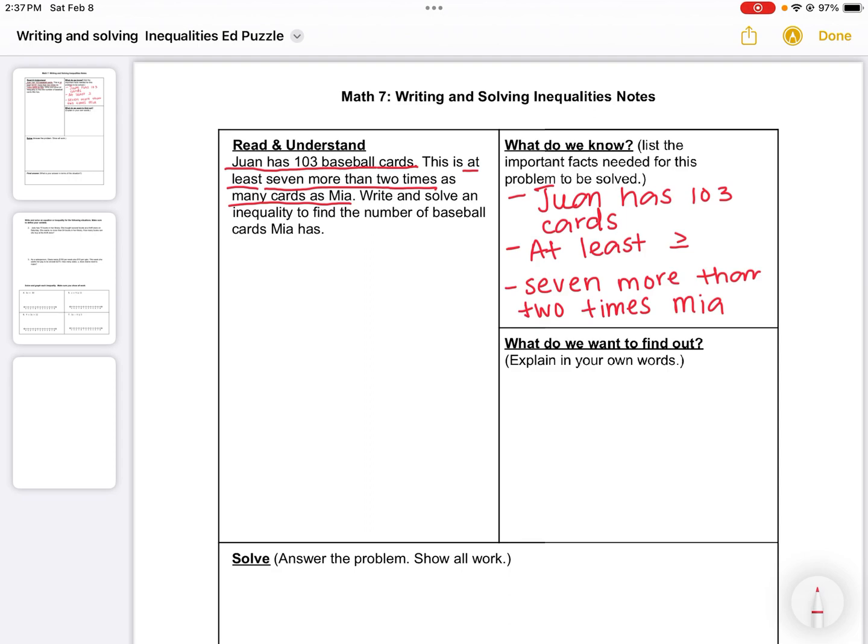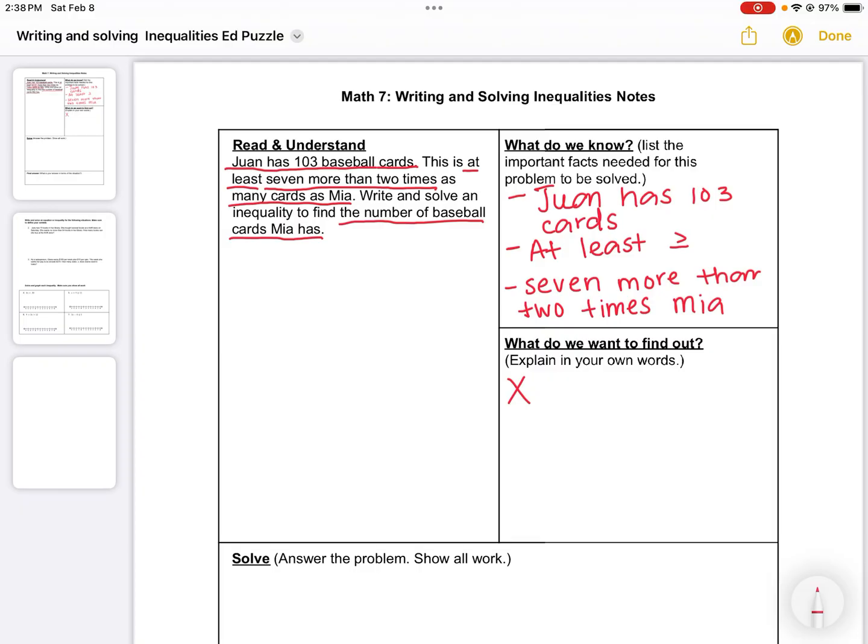The next thing that we want to do is what do we want to find out? We need to explain this in our own words. We need to define our variable. I'm going to pick X. Now, X has to be equal to whatever we're asked to find. So I need to look back at the read and understand portion of our notes, and it tells me in the very last sentence, it says, write and solve an inequality to find the number of baseball cards Mia has.